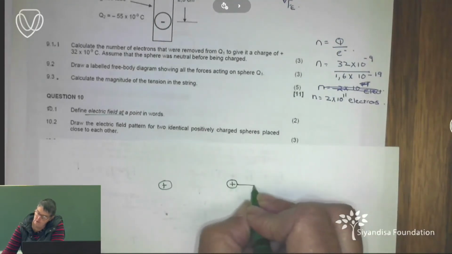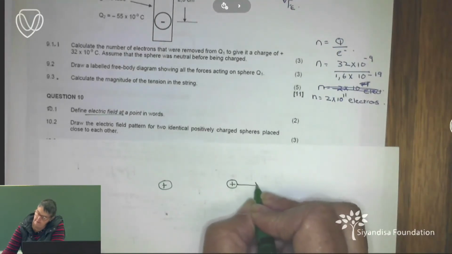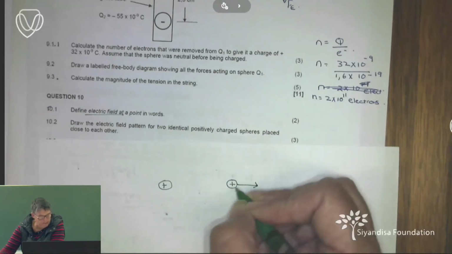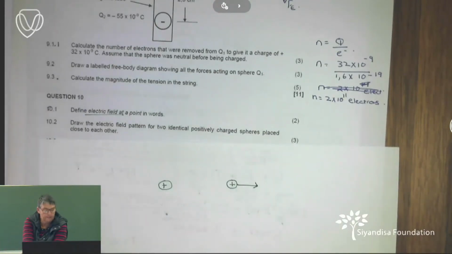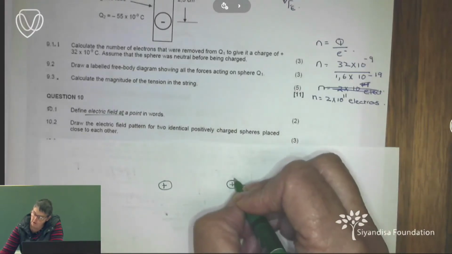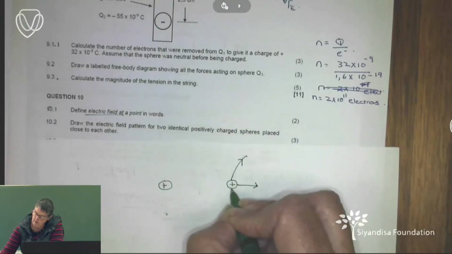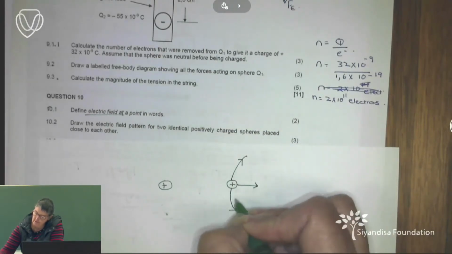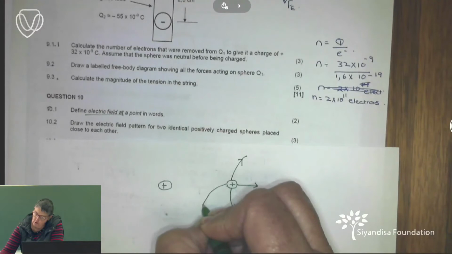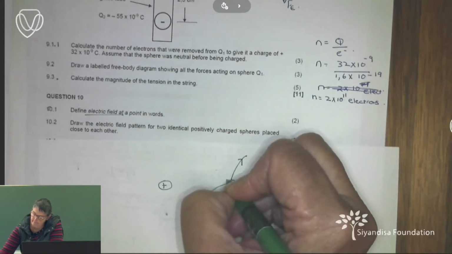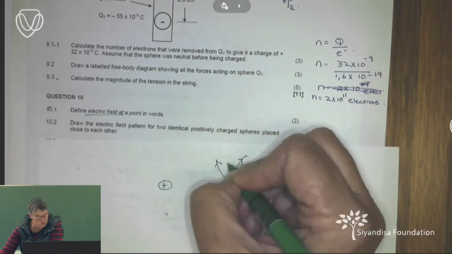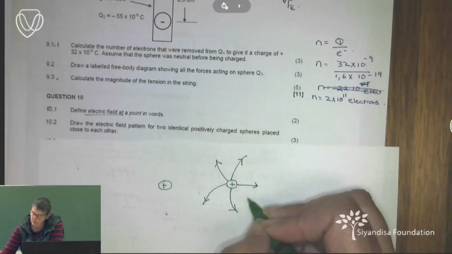So right, my electric field line is going to look like that. And then from there, they will obviously have an effect on one another. So this one is going to curl in that direction, that one's going to curl in that direction, and we are going to have that sort of thing.